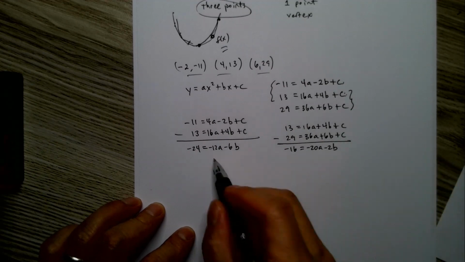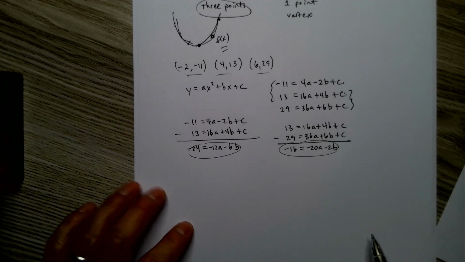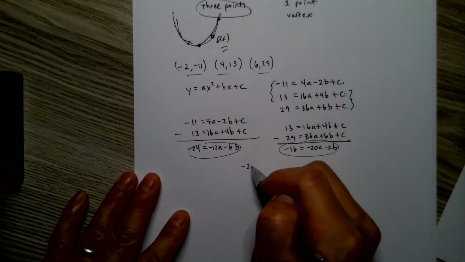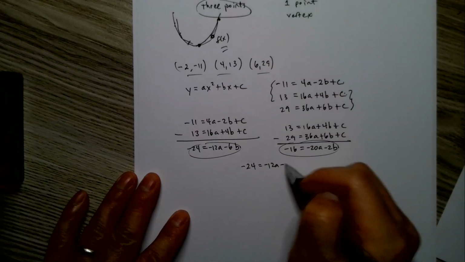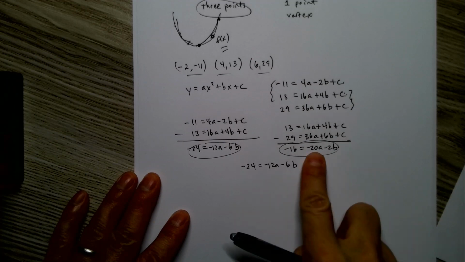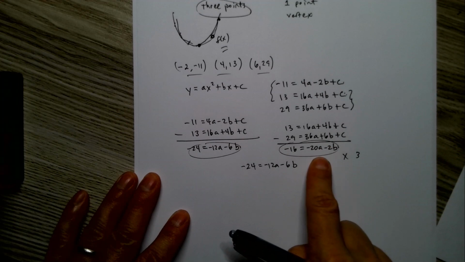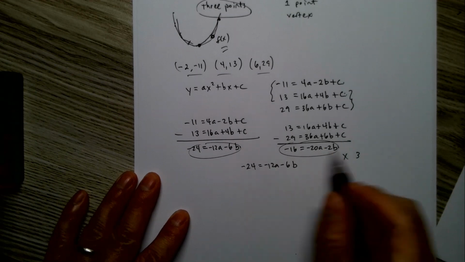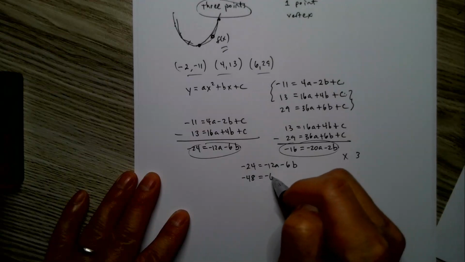Okay, so I'm going to take these two equations and stack them to get ready to do linear combination again. But this equation, I'm going to multiply it by 3 because I want the coefficient of this term to match this one. So when I multiply by 3, I get this.